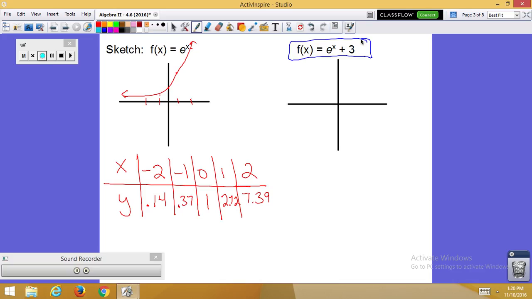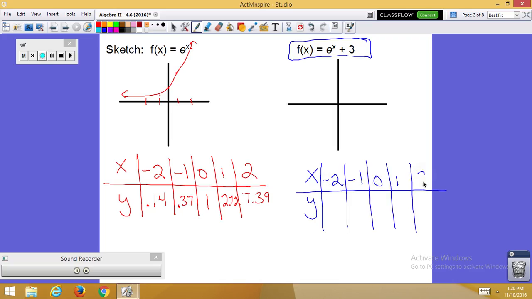If I inputted these numbers into my calculator, I should indeed get about 3.14, 3.37, 4, 5.72, and 10.39. So I should take that entire red graph and shift it up 3. Just going to sketch that. You'll have graph paper to work on yours, so you can do a more exact graph.